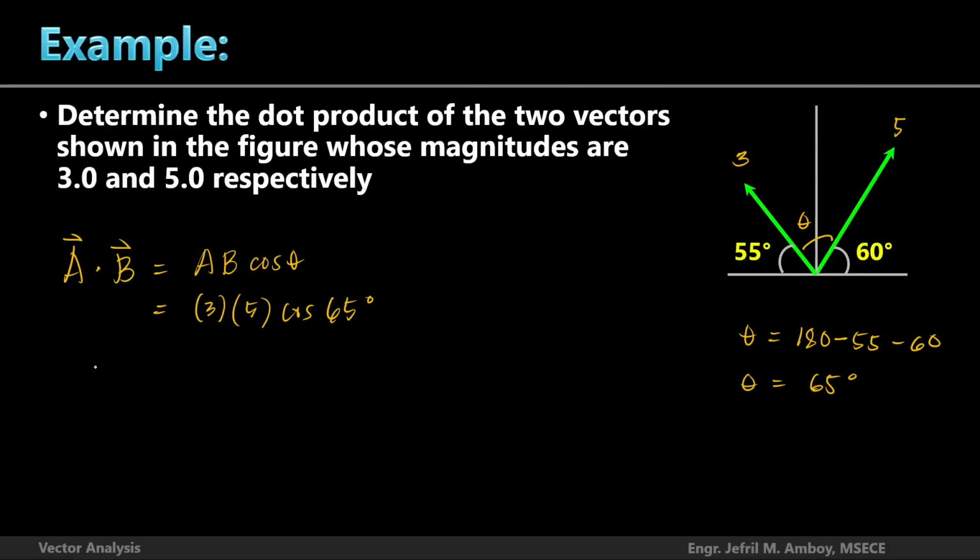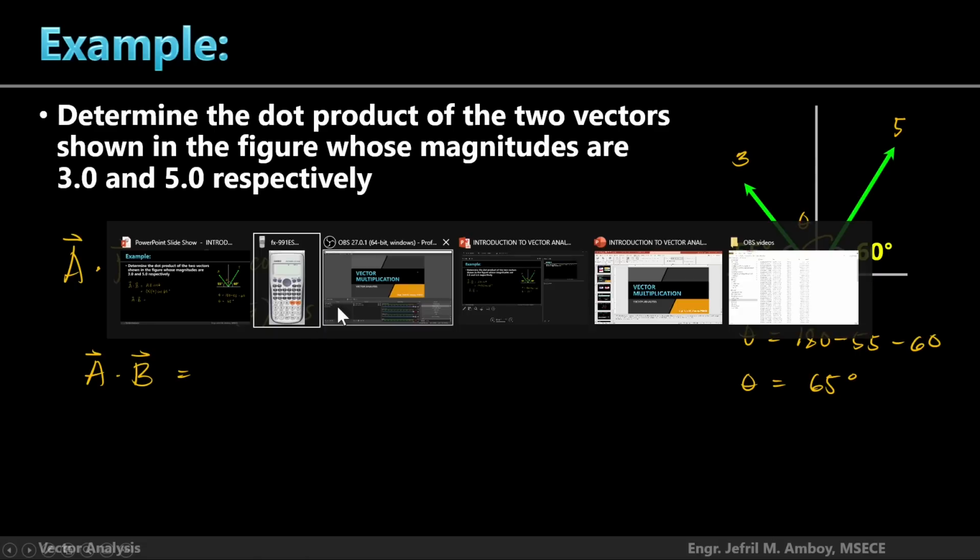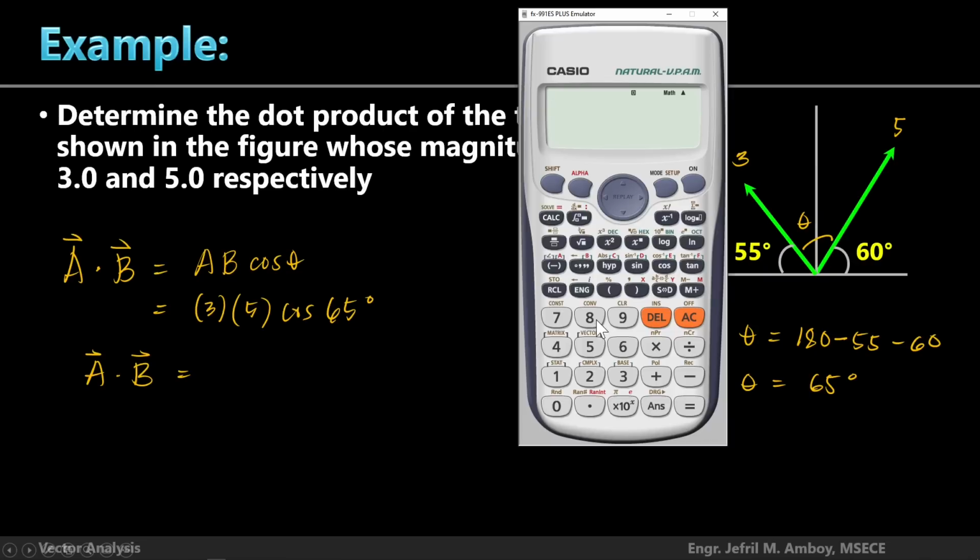With the use of a calculator, we can solve for the value of the dot product, because I cannot compute the cosine of 65 degrees mentally. Because of that, I will use a calculator, an emulator. Here it is. Let's compute 3 times 5 times the cosine of 65 degrees.